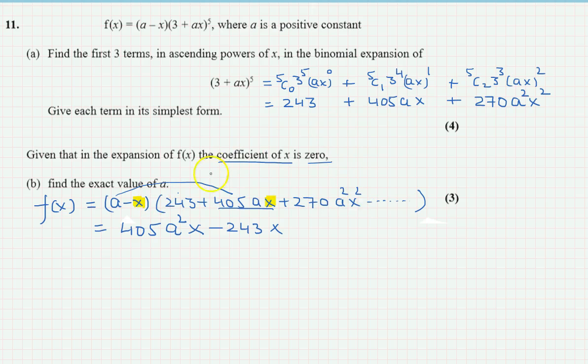So we have to check only the terms having x in it, not the higher or not the lower. These are the only two terms having x. So 405 a square minus 243. So now 405 a square minus 243 is the coefficient of x.